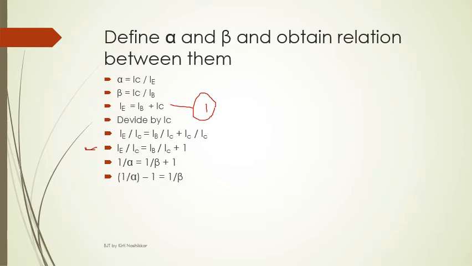So now we have to make it in terms of alpha, so this one is taken to the left hand side, so it becomes 1 by alpha minus 1 equals 1 by beta. So 1 by beta finally becomes 1 minus alpha upon alpha. Now beta finally will be beta equals alpha upon 1 minus alpha. So this is the equation. If alpha is given you can easily calculate beta.